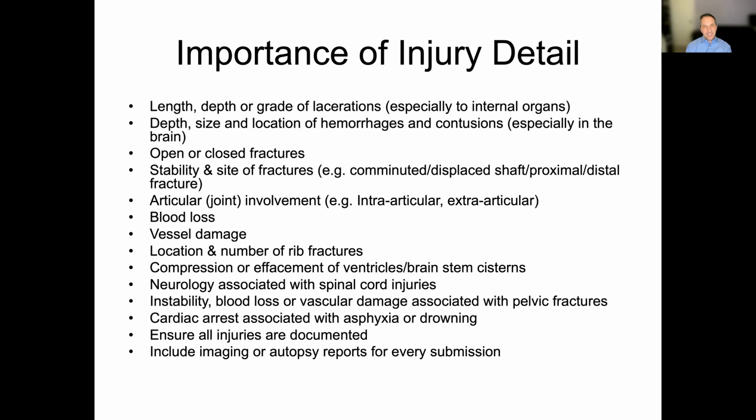Because if you don't have as much detail, then your AIS scores are not going to necessarily reflect reality, and you'll have misclassification, and you'll have scoring of patients whose injuries appear to be less severe than what actually happens in reality.